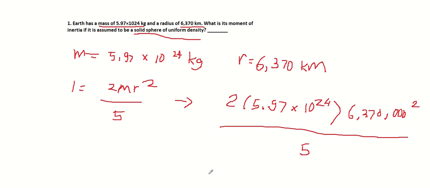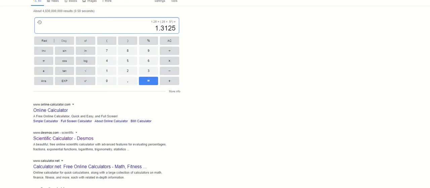Ayan. So, ngayon, calculator na natin. 2 times, parenthesis, baka magkamali, 5.97 times 10 raised to the 24th power. Ayan. So, yan yung sagot. Tapos, times natin sa radius na 6,370,000 meters raised sa 2.